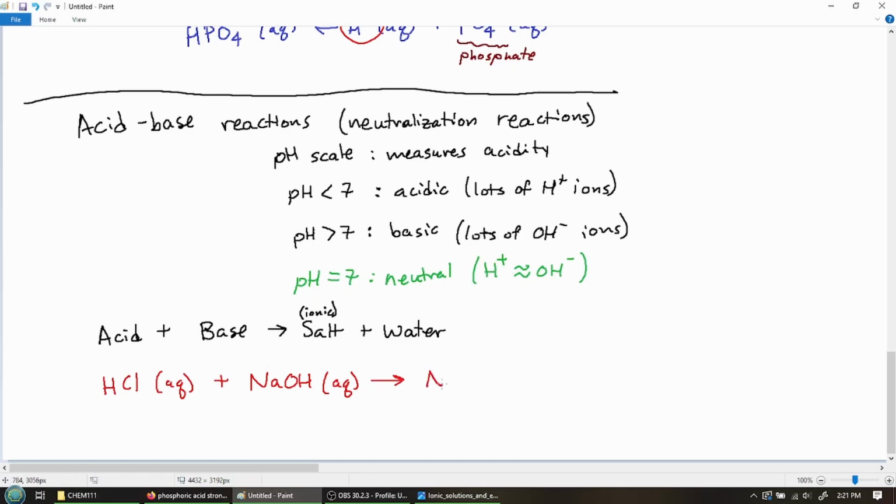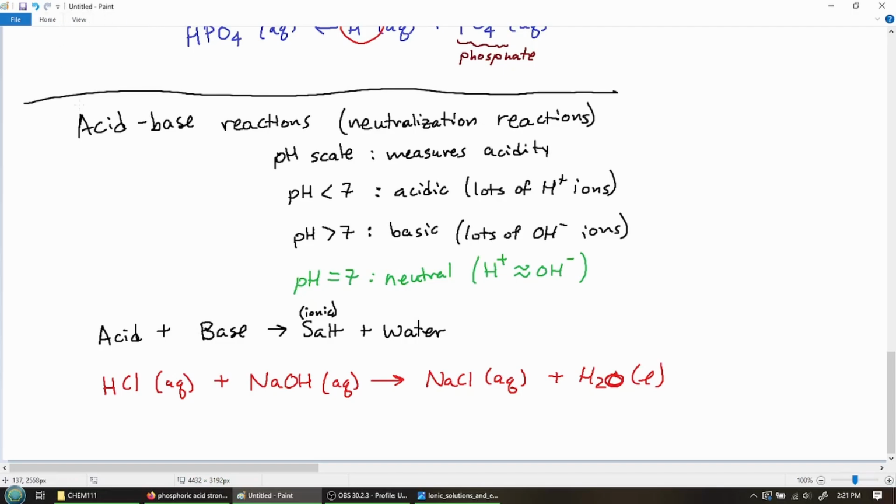But this is going to form a salt. It's going to form sodium chloride in this case. And it's also going to form water. In this case, we can just go ahead and call that liquid. Water dissolved in water maybe doesn't make a ton of sense.